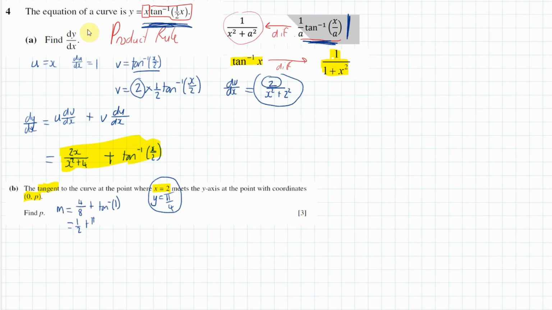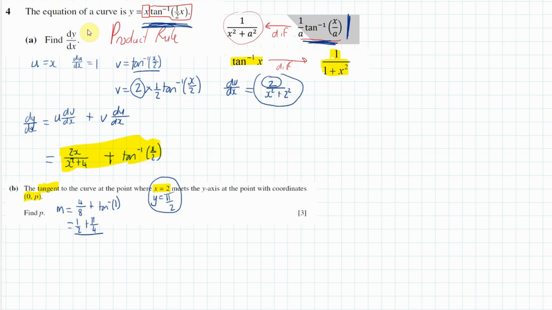Pi over 4. Sorry, I just made a mistake earlier, and I think this should be pi over 2. Let me just check that. 2 times inverse tan 1. Yeah, it should be pi over 2. I don't know why I wrote pi over 4. Okay, so this is my gradient here.